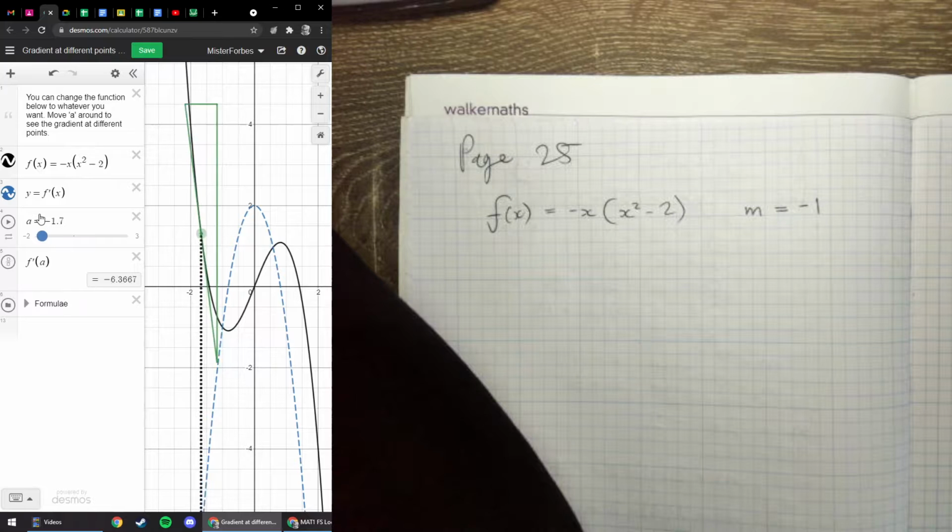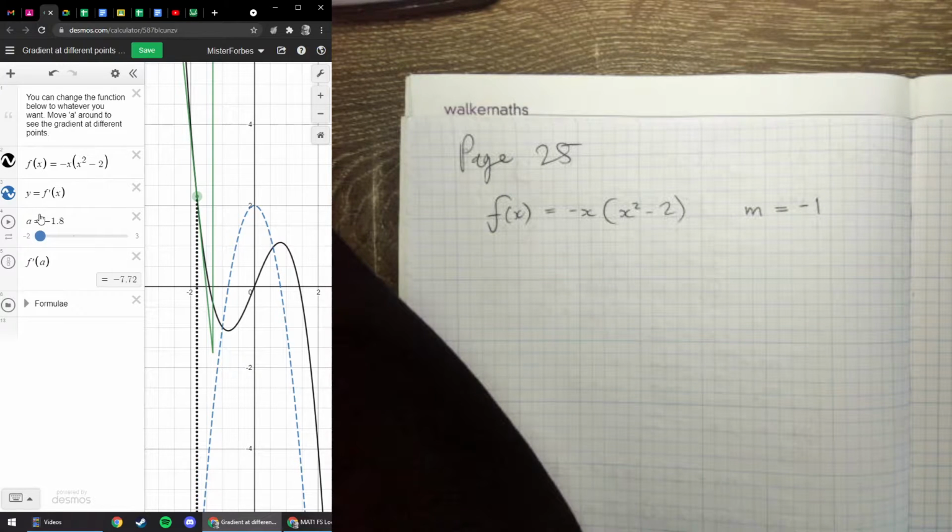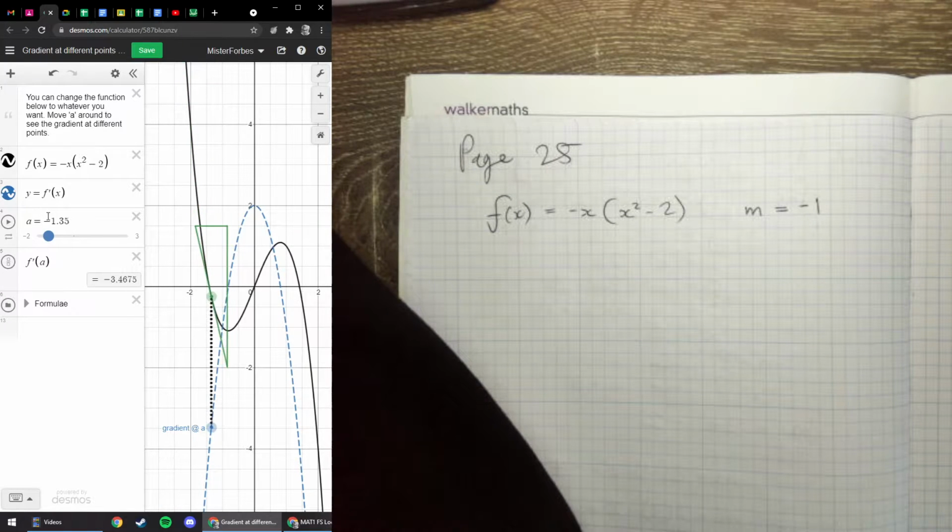But over here the gradient's too big, it says on the left it's negative 7.72. So around about here, I think I just hit it perfectly. Around about here the gradient is negative 1. Oh, that's bang on. And then it's positive, positive, positive, positive. There's no gradient. And then around about here it is also negative 1.